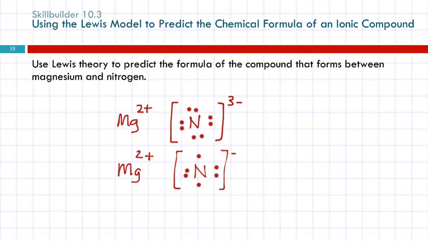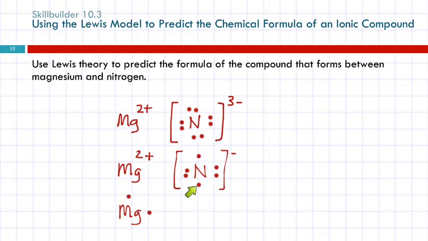Is the nitrogen happy? No. What do we have to do? Where can we get 2 more electrons? Another magnesium. At this point you think, are we going to be doing this all day long? Just back and forth. It does stop eventually. Bring in another one. There's another magnesium. 2 valence electrons.